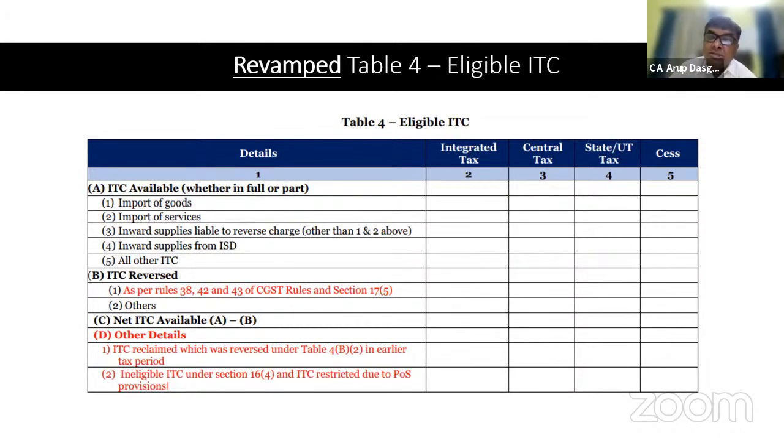Today also in the WhatsApp groups, I was seeing a doubt whether the reversals need to be deducted from all other ITC, whether I can take a lesser figure than what is shown in 2B, whether I can take a higher figure than what is shown in 2B. See, everything is possible. But what is the benchmark that CBIC is trying to attain through the change of the form?